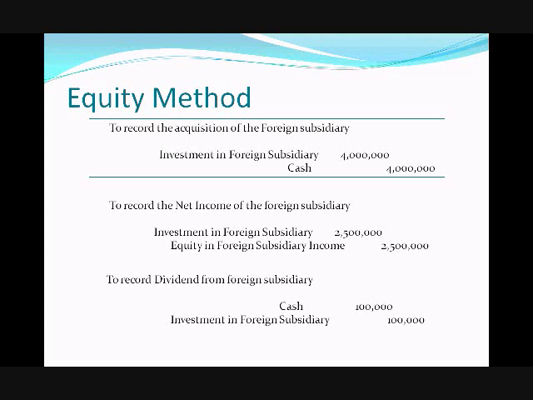It is possible, however, that the foreign subsidiary does not declare or distribute a dividend to its U.S. parent. In this case, the money the parent would have received is reinvested in the foreign subsidiary. Since the money remains in the foreign country and is not distributed to the parent corp, no dividend entry should be made.